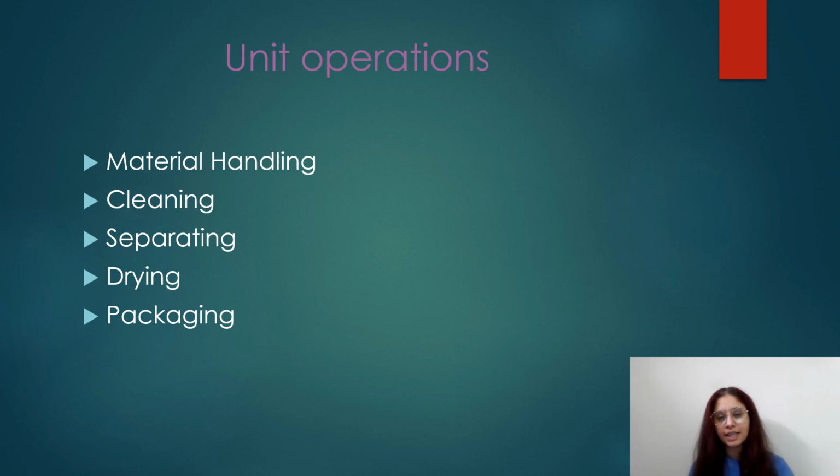Next is cleaning. Any product we are using in manufacturing should be cleaned properly. For example, if we are using any grains or fruit product we have to make sure that the product is of high quality.